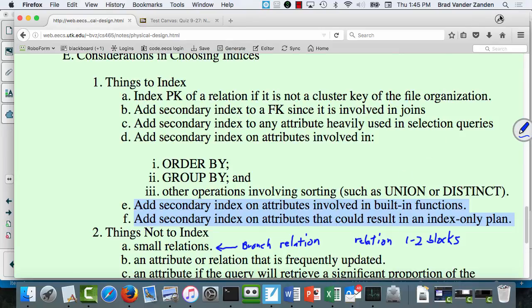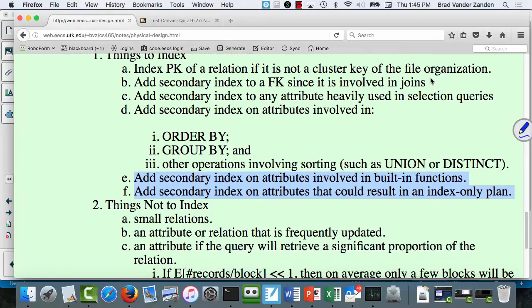The second one is a lot harder to judge, and oftentimes it's just a tuning thing once you have the database up and running: an attribute or relation that is frequently updated. Some relations, like inventory, get updated a lot.